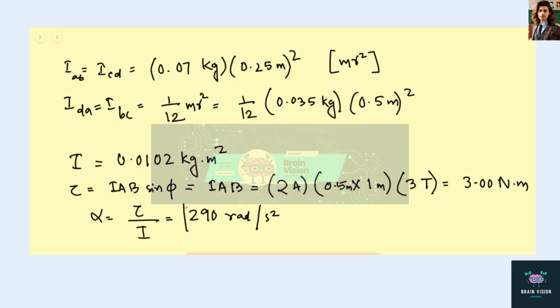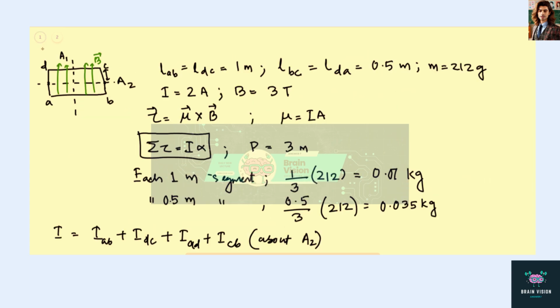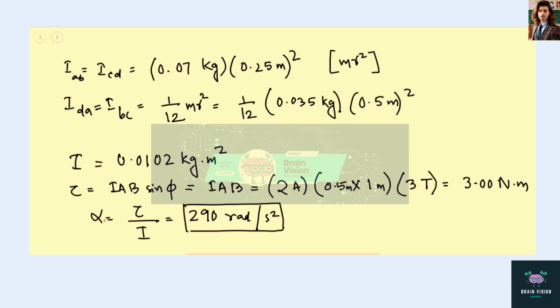But note that this angular acceleration will not continue, because the torque changes as the coil starts turning. So after that, this will also change.